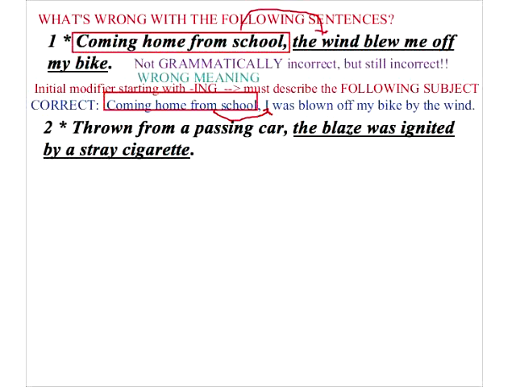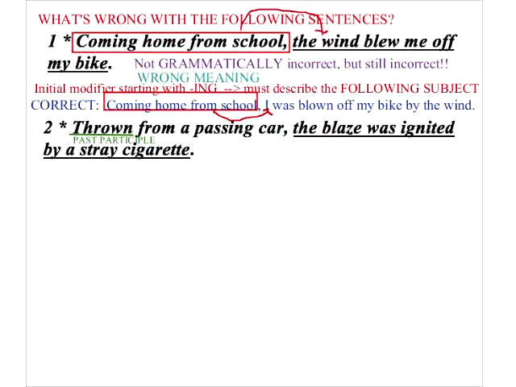Okay. What's happening here is you have an initial modifier, "thrown from a passing car." This kind of thing here, "thrown," is what is called a past participle. If you don't know what past participles are, you may want to look that up with a Google search or other such tool.